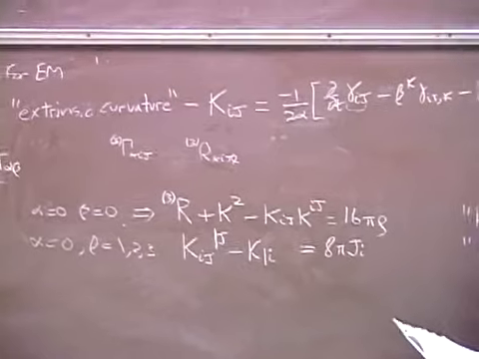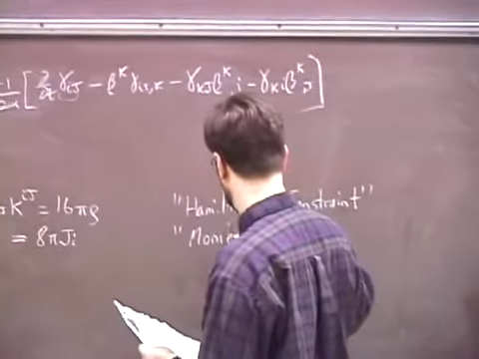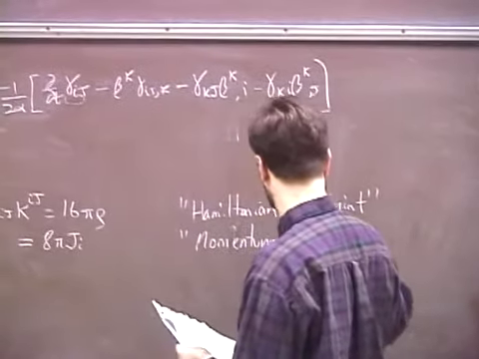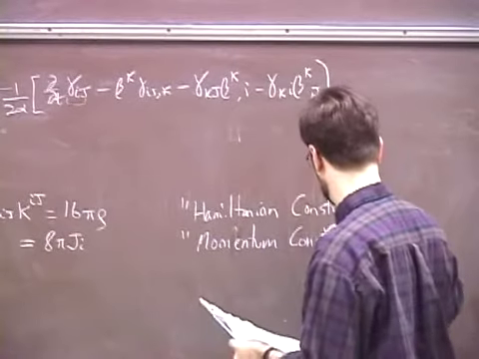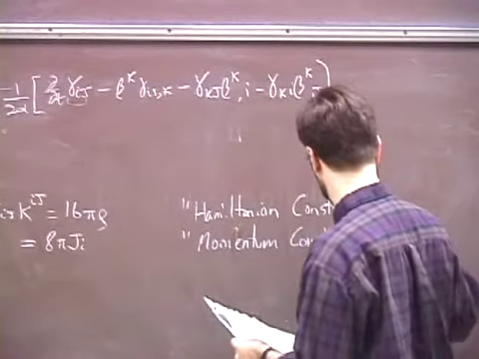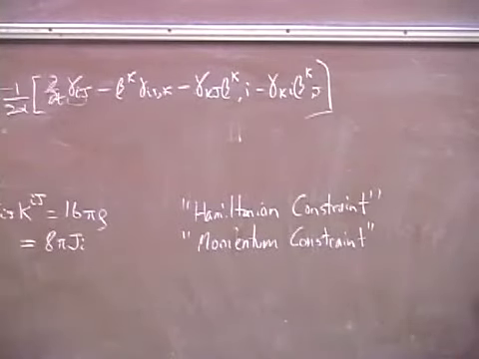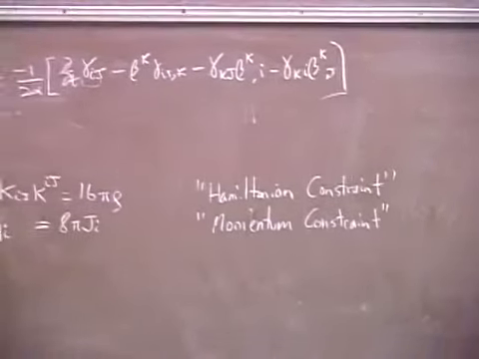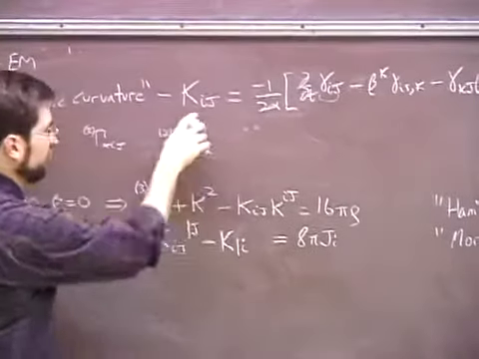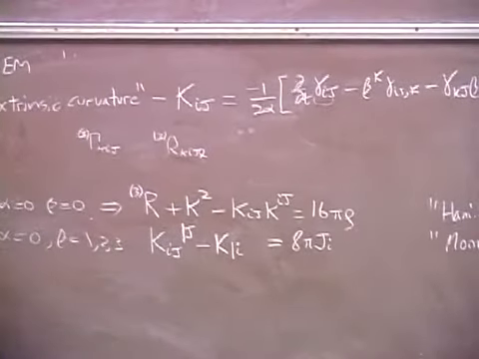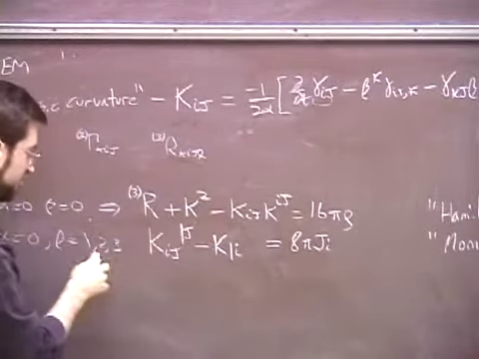This is called the momentum constraint. Where this K here is the trace of the extrinsic curvature. Same K as in the other equation.